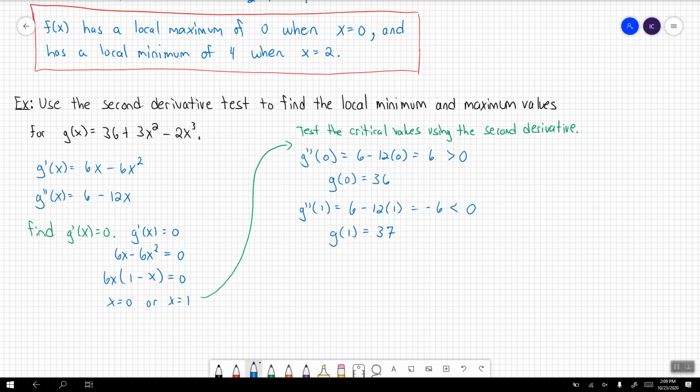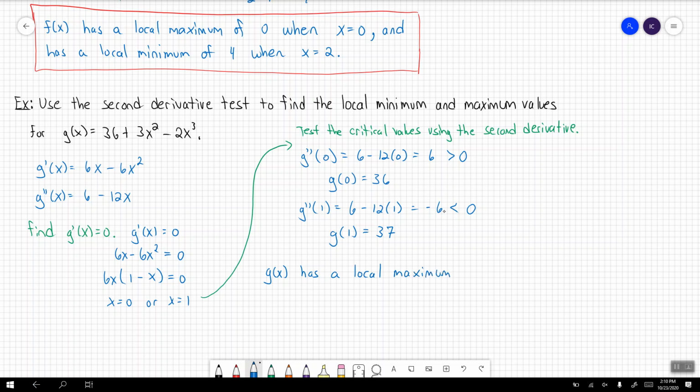There we are. So now we can then extract, and we can say that g of x has a local maximum.